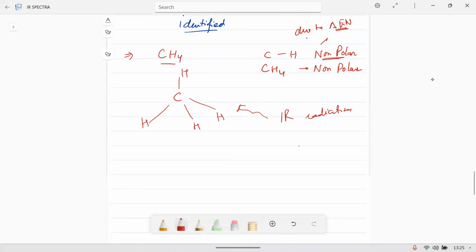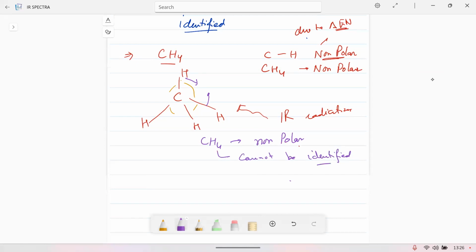So even though the IR radiation is absorbed by the CH4, the angles may change because of bending. Like, for example, let us say this CH bond and this bond come over here, the bond angle changes, but still the CH bonds are non-polar. As a result, this will still be non-polar even after absorbing the IR radiation. As a result, this cannot be identified.